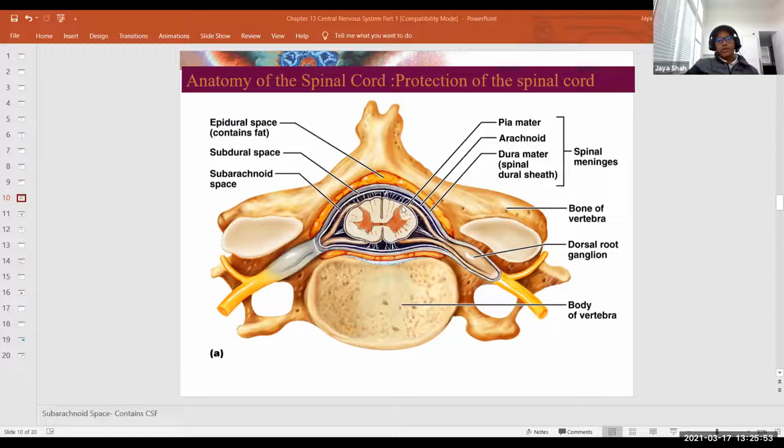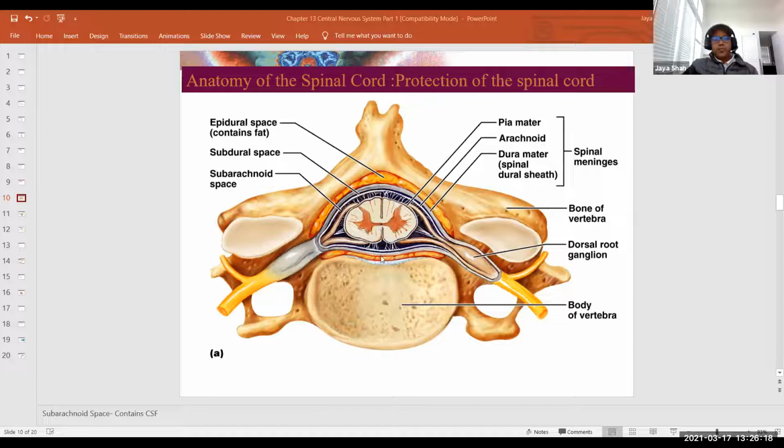So this is the left half. This is the right half. And in the center, the left and right halves are communicating. Okay. You see the outside of the spinal cord is a white-looking structure, and in the center there is a dark gray-looking structure. We'll come to that later.